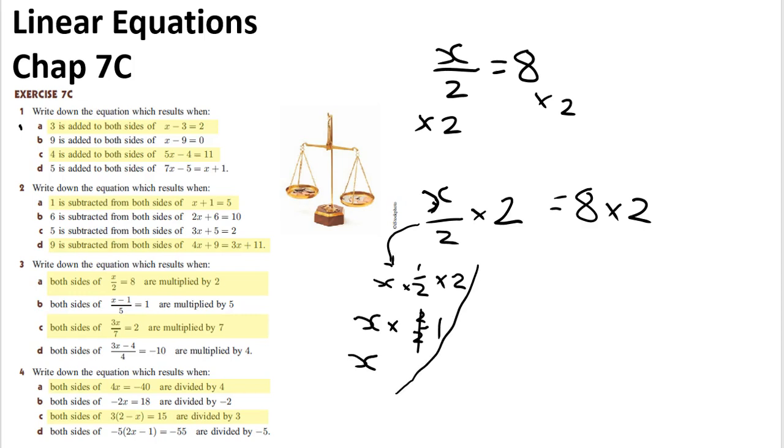If it's easy for you to remember, just think about if I've got a 2 on the bottom and a 2 on the top, I can cancel the top, cancel the bottom, and all I'm left with is the x. So I have x on this side, and then it equals 8 times 2, 16. So that's all they wanted from that one.